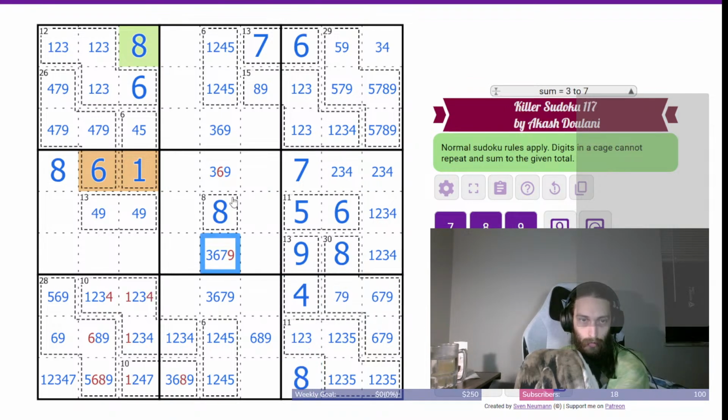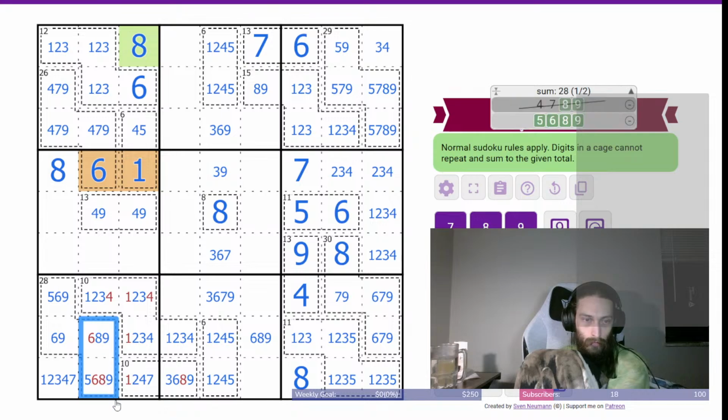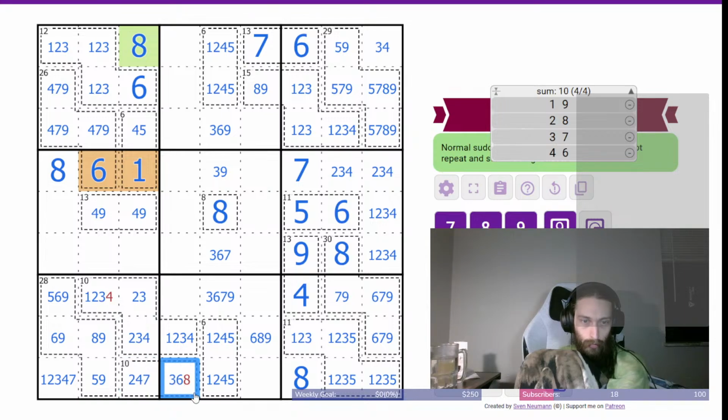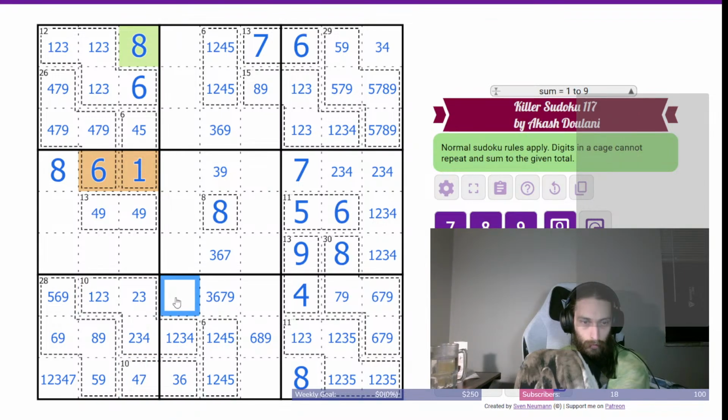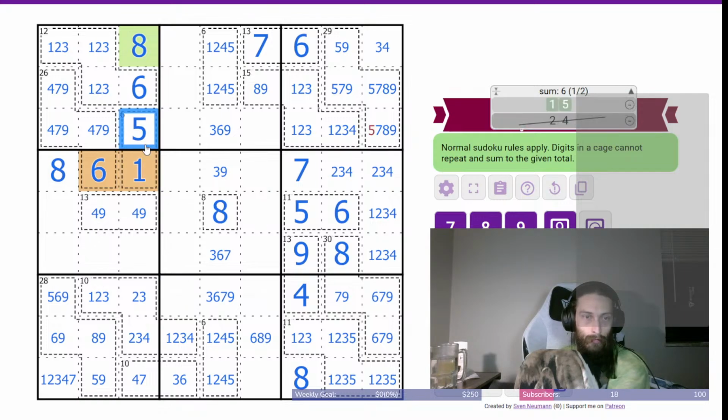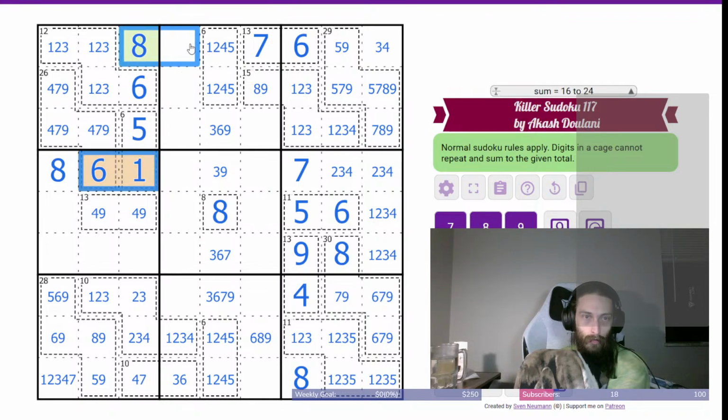8, 6, 9, 6, 6, 8, 4, 1, 1, 2, 4. The 6 cage, column 3. 5 there. Take the colors out of here.